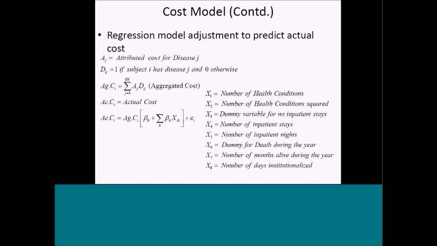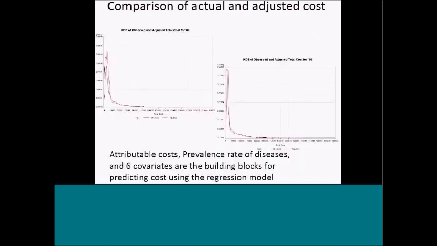So we looked at an adjustment model for these other factors. We came up with 8 covariates: the number of health conditions squared, because of economy of scale, and dummy variables for inpatient days, number of inpatient stays, and so on. I'm running out of time. So we estimated the adjusted cost, and then we compared the adjusted cost with the actual cost.